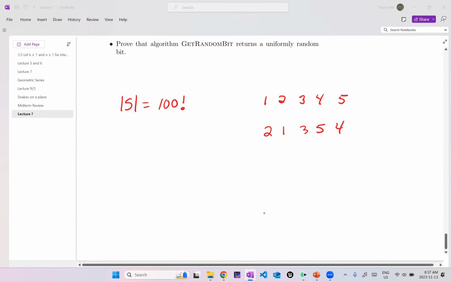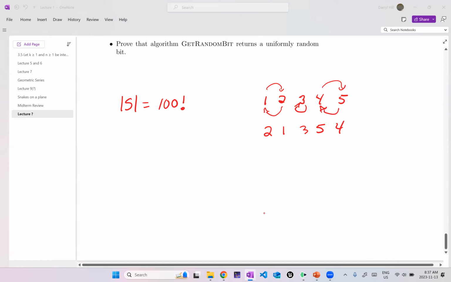That's a permutation, and this permutation has 3 cycles, right? One cycle is that 1 goes to 2 and 2 goes to 1. The other cycle is 3 goes to itself, and the other cycle is 4 goes to 5 and 5 goes to 4.